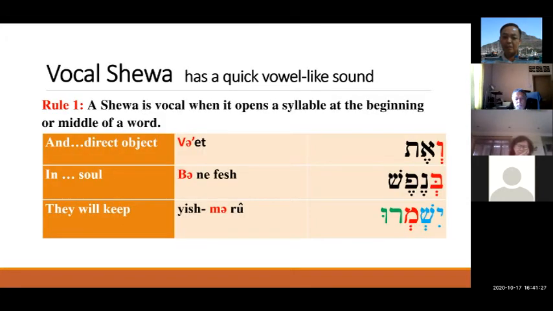If you look at the example that I've given here, if it's at the beginning of a word, like this, this is automatically a vocal schwa. So when it opens a syllable at the beginning or middle of a word, that is a vocal schwa. You can see this is the beginning of a word or the beginning of a syllable in the middle of the word.